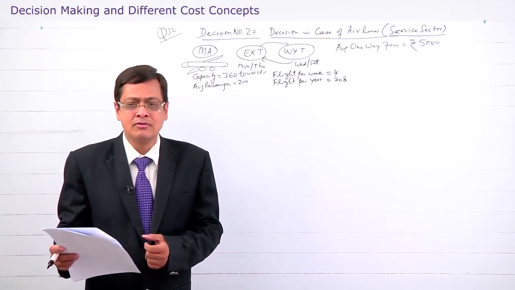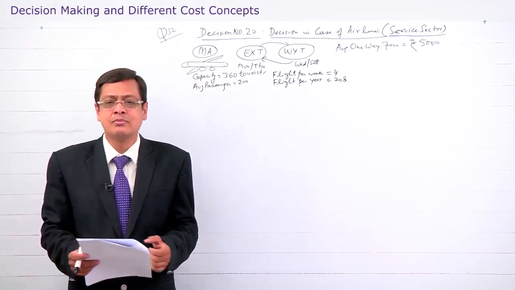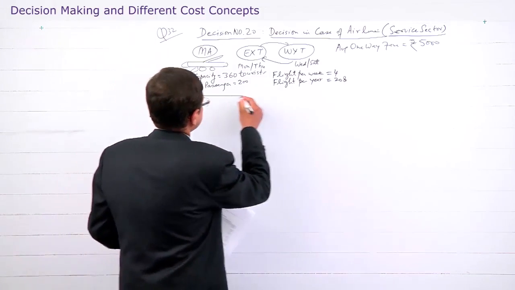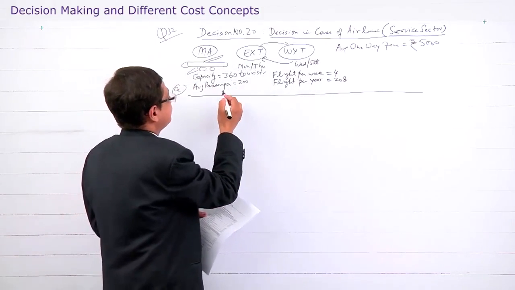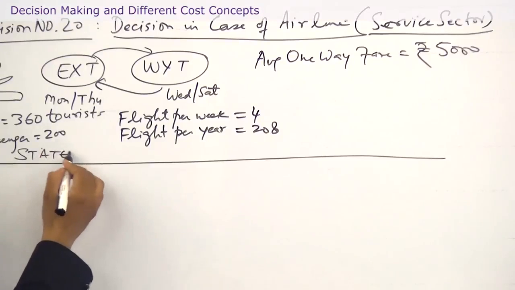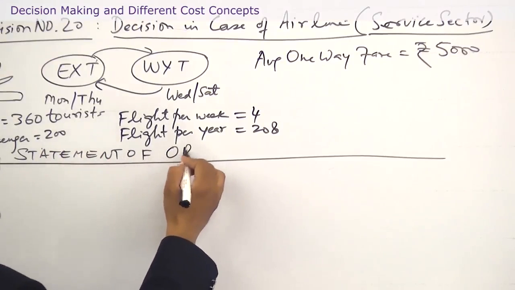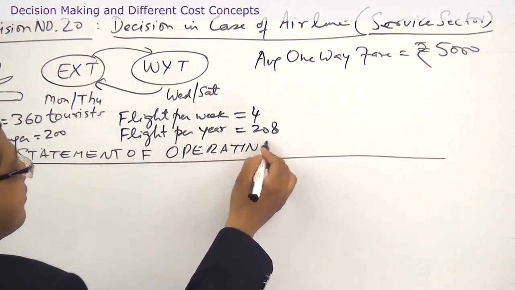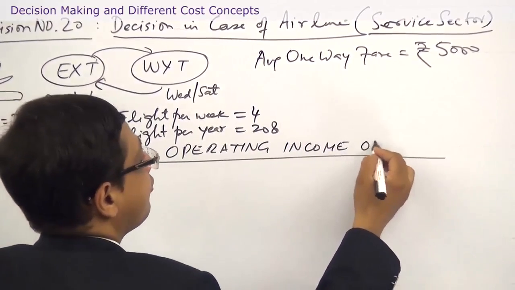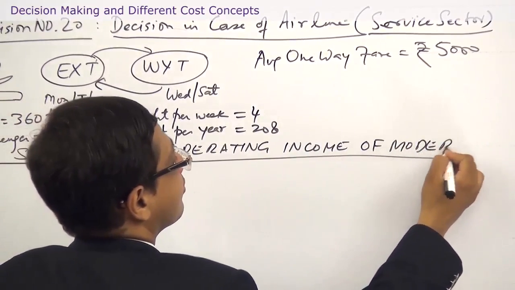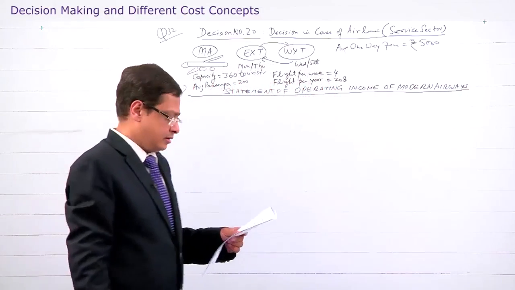So let's start solving the question by going to the first part, which is statement of operating income of Modern Airways. So we are going to solve the first part, part A. It is statement of operating income of Modern Airways, right?